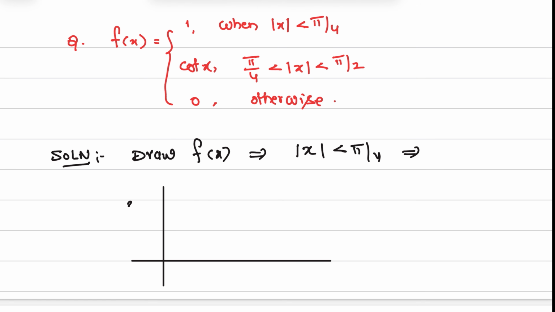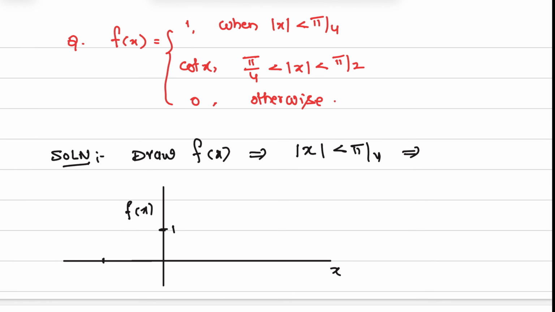Let us say it is f(x) and it is x. f(x) is equal to 1. Let me say this is 1. f(x) is equal to 1 when the absolute value of x is less than pi by 4.